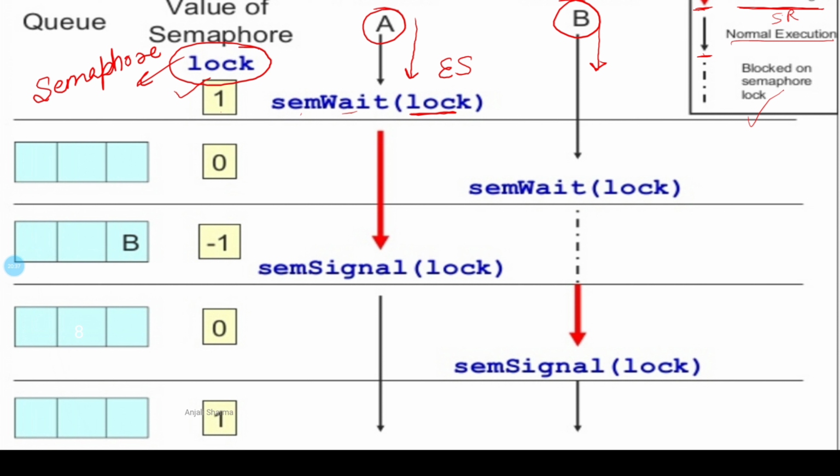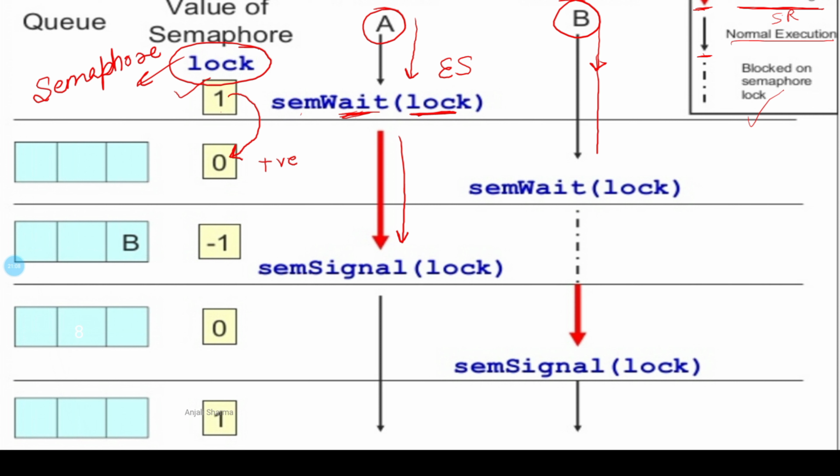So it is performing a decrement operation on lock, and the value of the semaphore lock becomes 0. You can see that this value is not negative, so process A gets into its critical section.